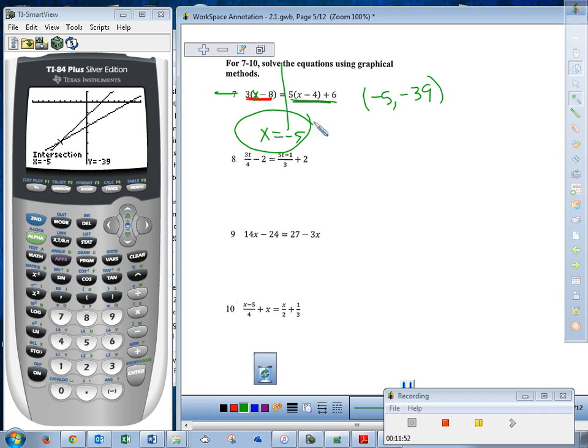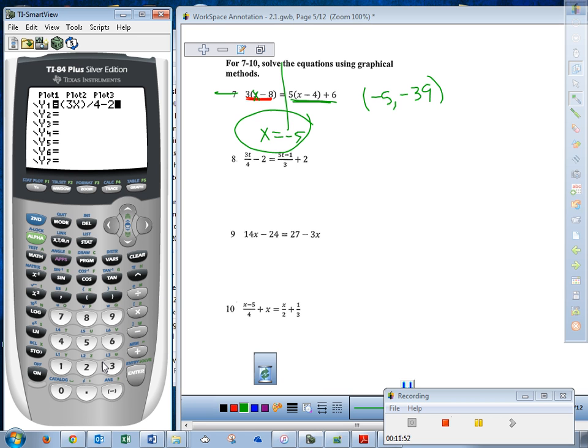Cool? Next one. Let's punch that into the graphing calculator very, very carefully. 3t divided by 4. Whew. 3x as a quantity divided by 4, cool, minus 2.